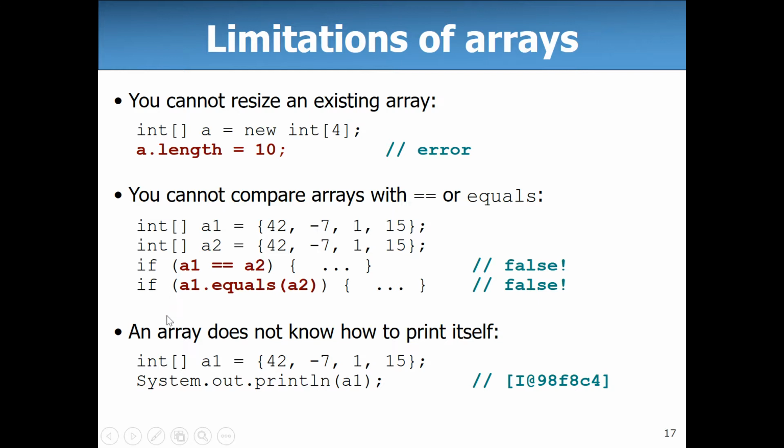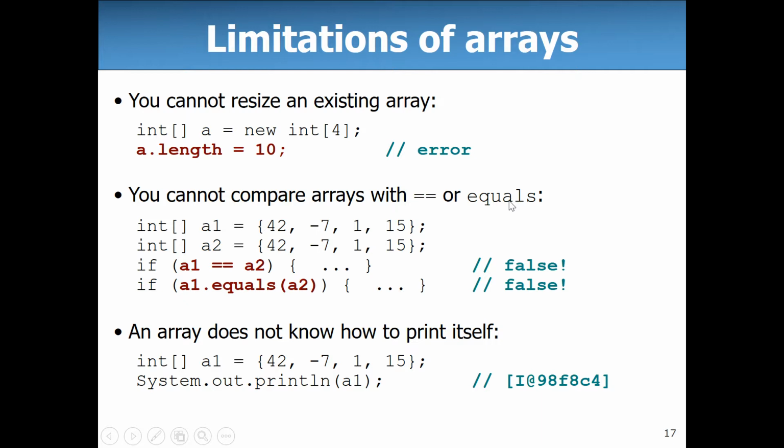The other thing we learned was the third point over here, which is that arrays don't know how to print themselves. If we try to print out an array, it gives us the memory location. And the last thing is that you can't compare arrays with double equals or dot equals, because what that will do is ask, do these two arrays have the same memory location? Do they share the same address?